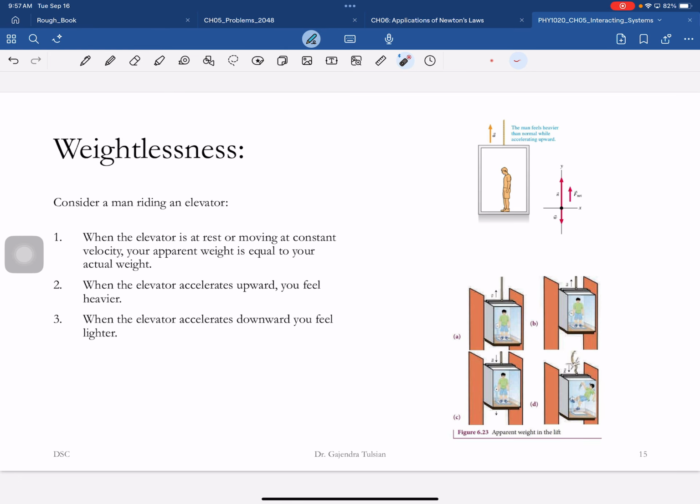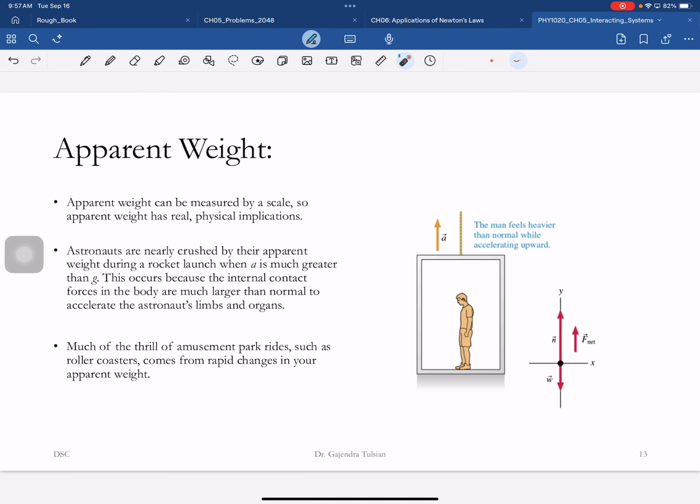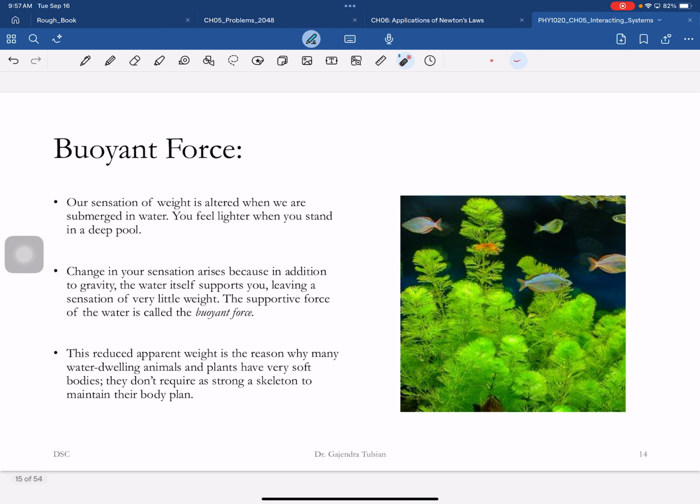All right, so let's talk about apparent weight. So much of the thrill of amusement park rides is because of change in apparent weight. Now the buoyant force: our sensation of weight is altered when we are submerged in water, and this is relevant because there's plenty of life that lives underwater.